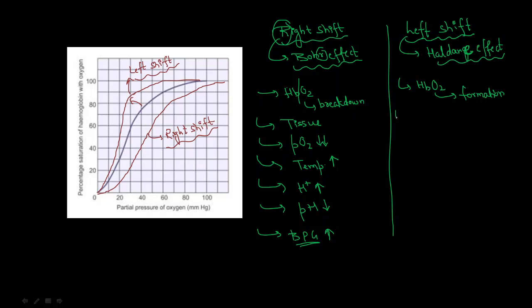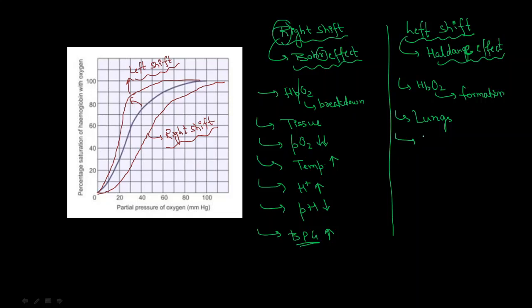In your lungs. Because whenever we breathe in, a lot of oxygen enters inside our lungs, so the partial pressure of oxygen within our lungs will remain high, and so hemoglobin will catch that oxygen and form oxyhemoglobin. Okay, so the site will be lungs.